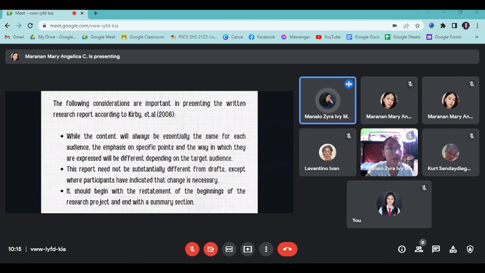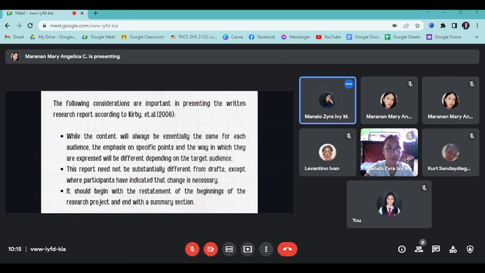Here are the following considerations that are important in presenting the written research report according to Kirby et al. 2006. First, while the content will always be essentially the same for each audience, the emphasis on specific points and the way in which they are expressed will be different depending on the target audience.